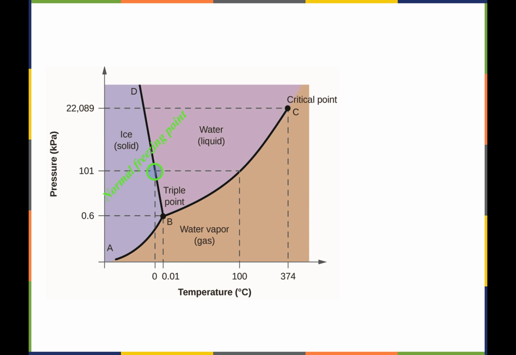We can pick off, how does this work? Think of it this way. Along the pressure axis, if you dot in what atmospheric pressure is, which, I don't deal in kilopascals very well. To me, it'd be 760 millimeters of mercury or 1 atmosphere, but it's 101 kilopascals atmospheric pressure.